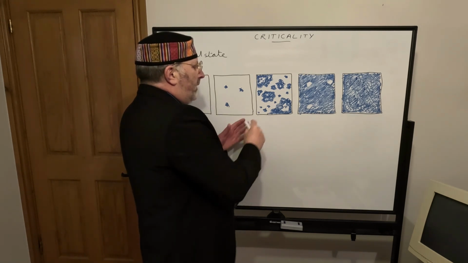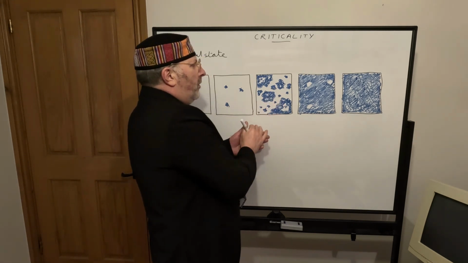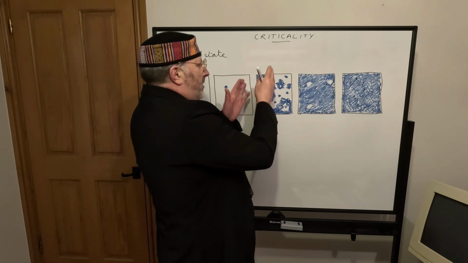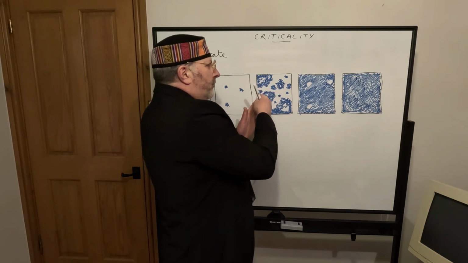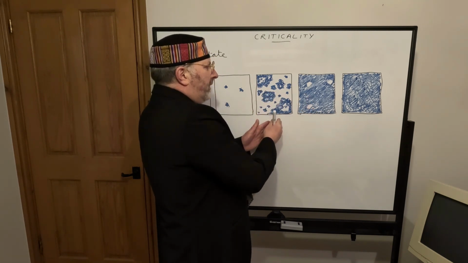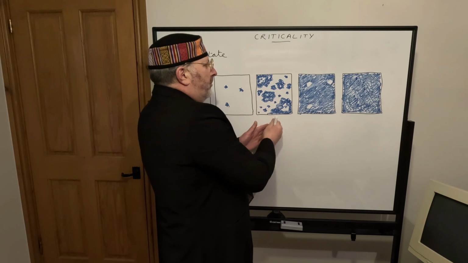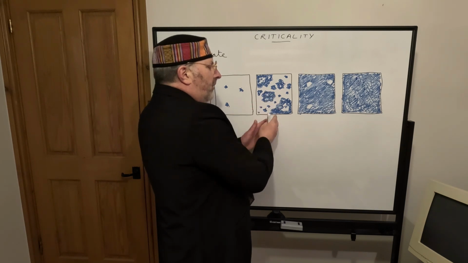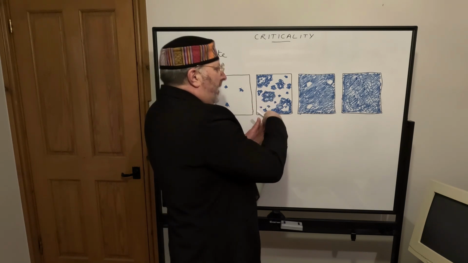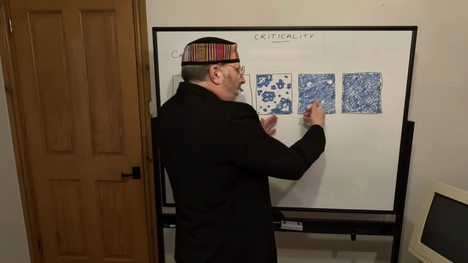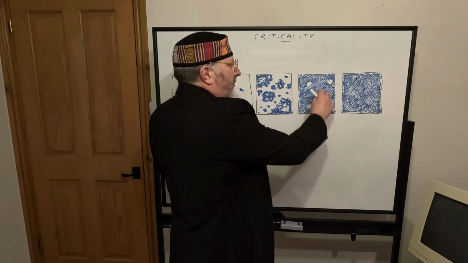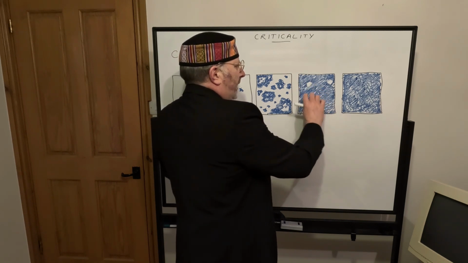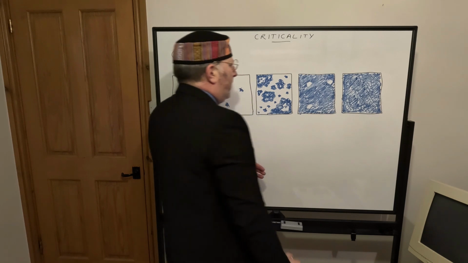And then we get to the point where it is exactly at the freezing point, just between ice and water. And at this point, it's said to be in the critical state. It will then, as we go beyond it, turn almost completely into water with just a few bits of ice floating around in it, and then it'll be completely water.